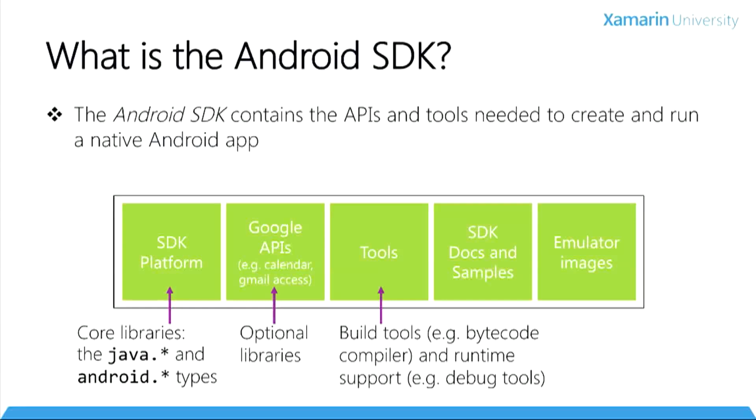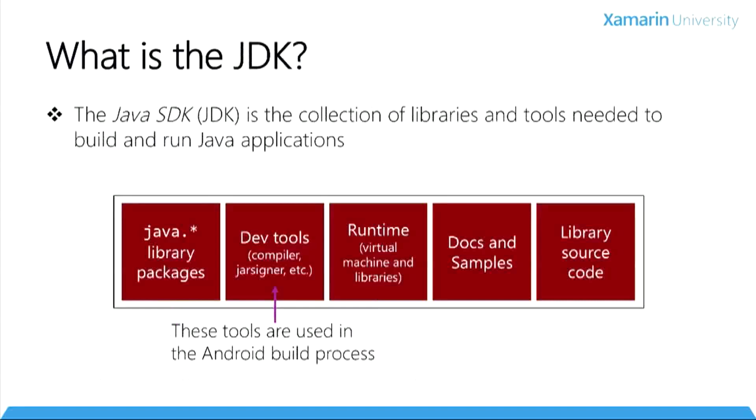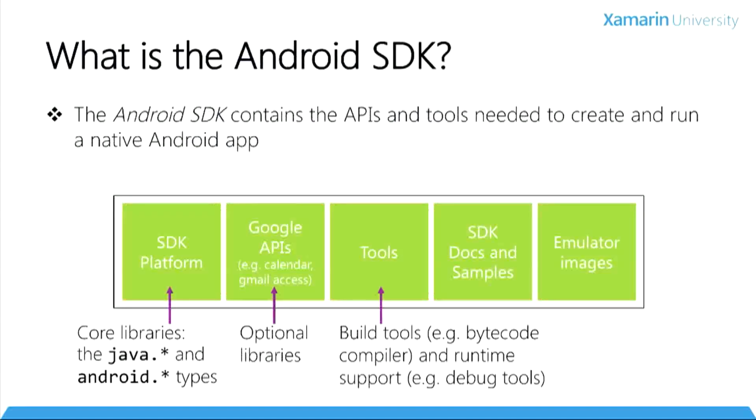And notice that includes both the Java libraries and the Android libraries. So let me go back to the last slide. Notice that the java.* packages exist in the JDK. And then go forward here. The java.* packages also exist in the Android SDK platform. The ones here in the Android SDK platform are the ones that you use in your Android apps.